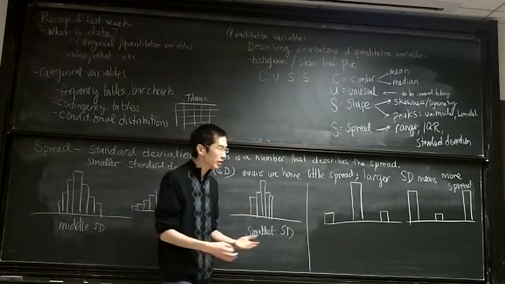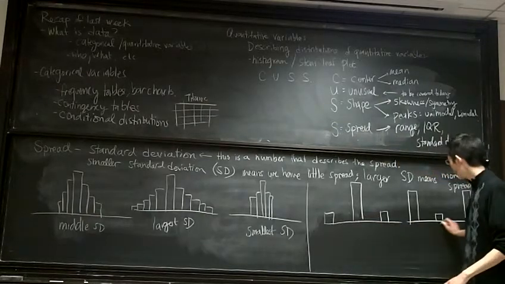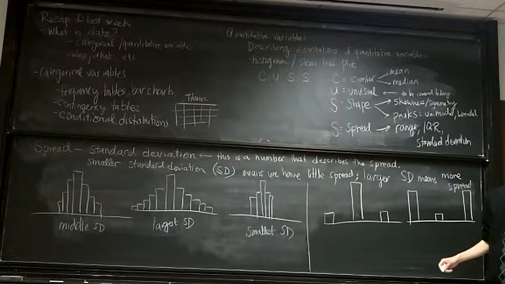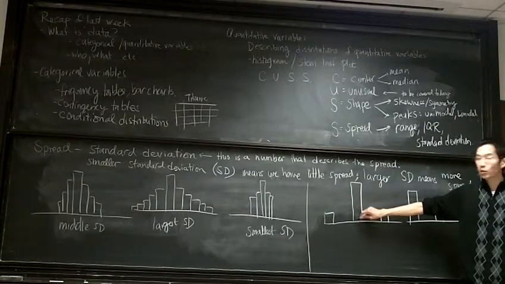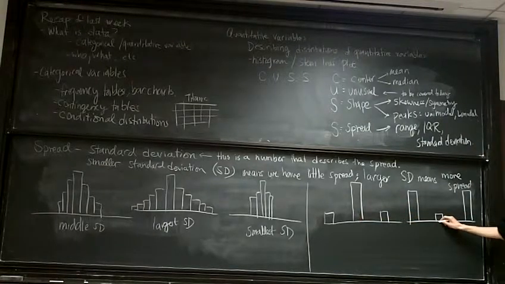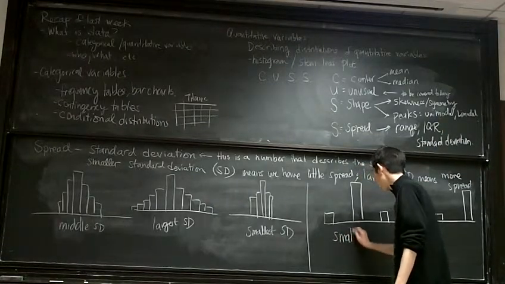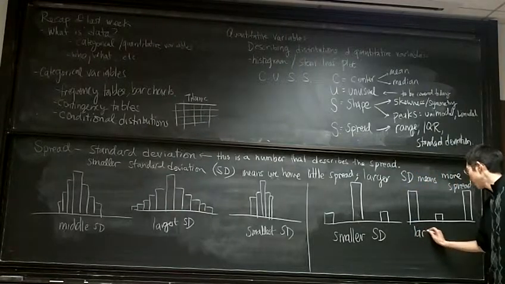Between these two, which has more numbers closer to the center? The one on the left. This one has more numbers closer to the center, while in this one most of the numbers are far away from the center. So this would have the smaller standard deviation, and this would have the larger standard deviation.